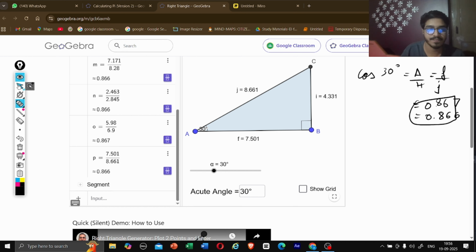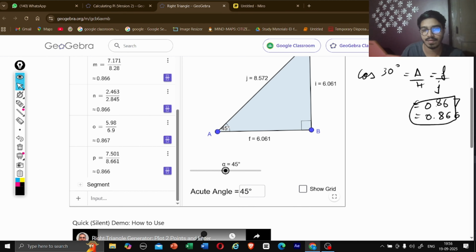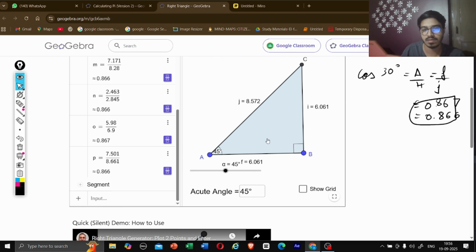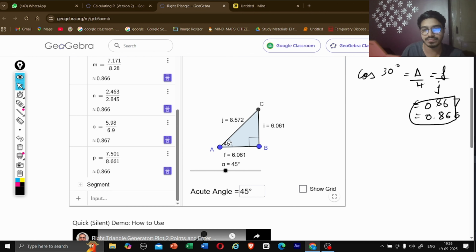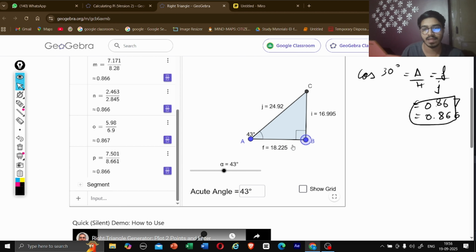Now I'll take 45 degrees. So cos 45 is, oh sorry, just a second. 45 degrees, right? Adjacent by hypotenuse, 18.225 divided by 24.92.